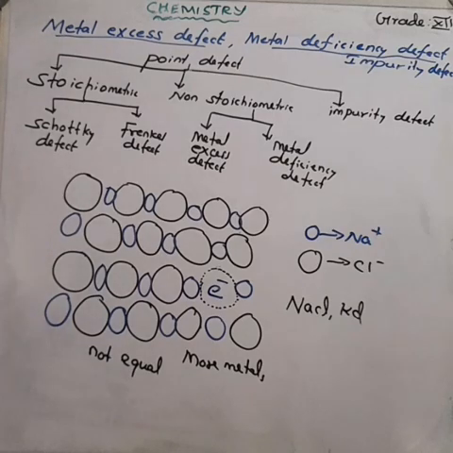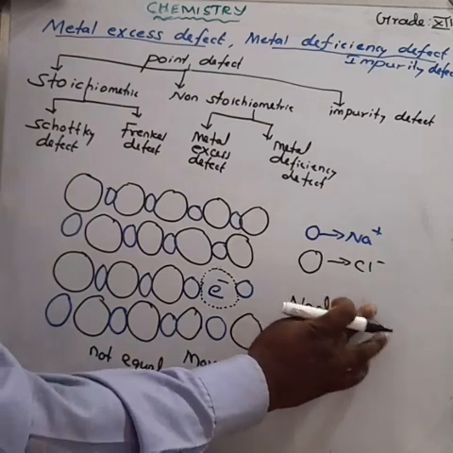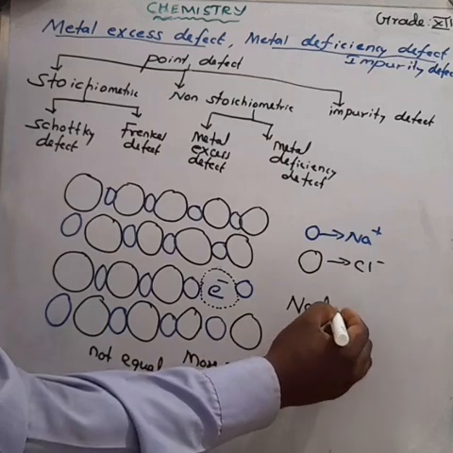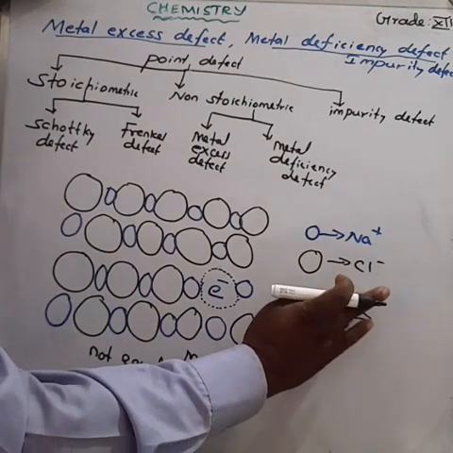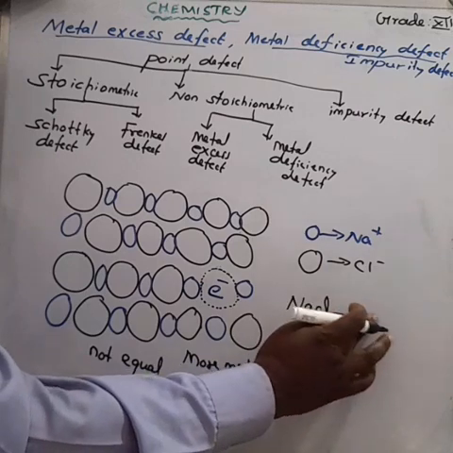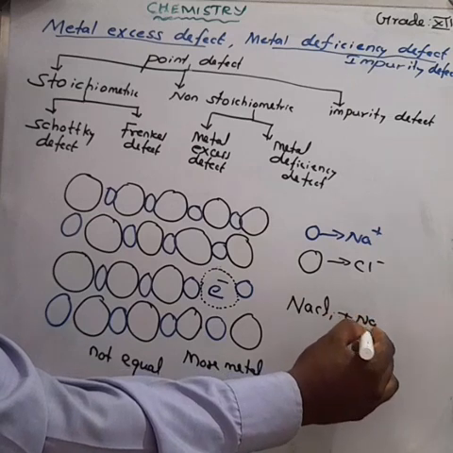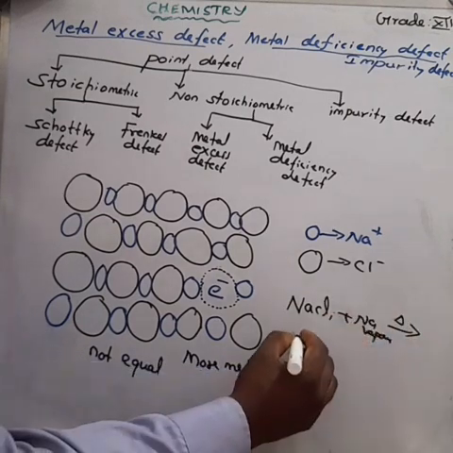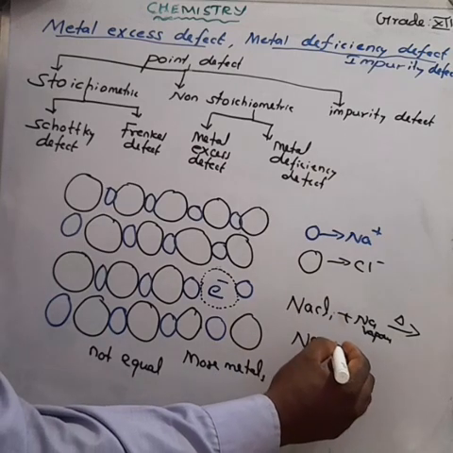I am explaining one crystal, the sodium chloride crystal. When NaCl crystals are heated in the presence of sodium vapor, sodium ions are formed and deposited on the surface of the crystal.